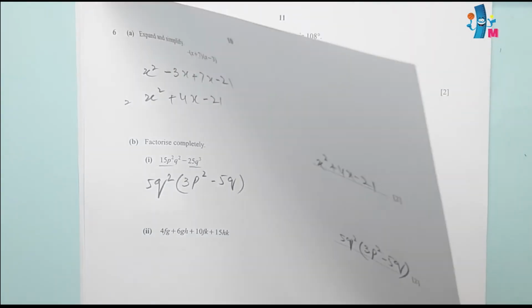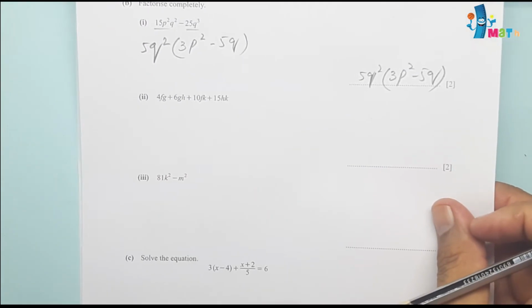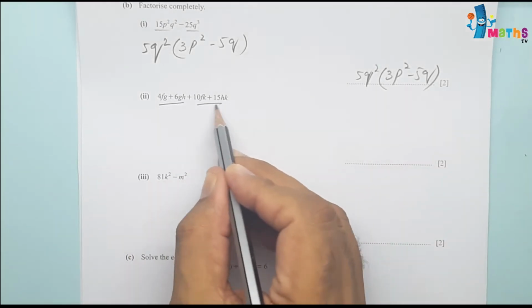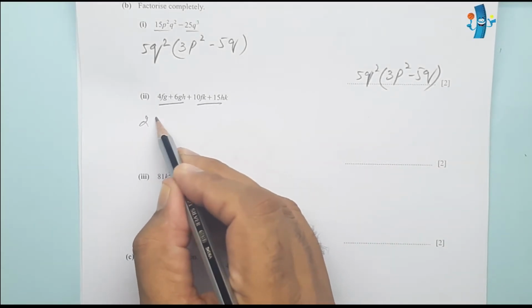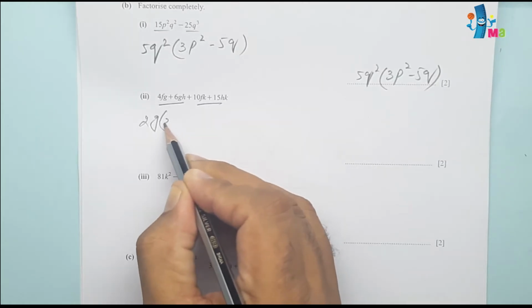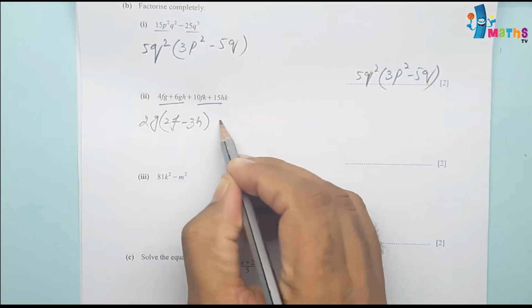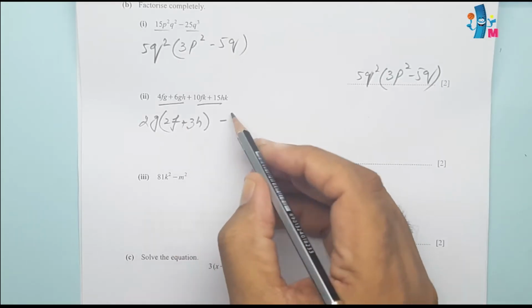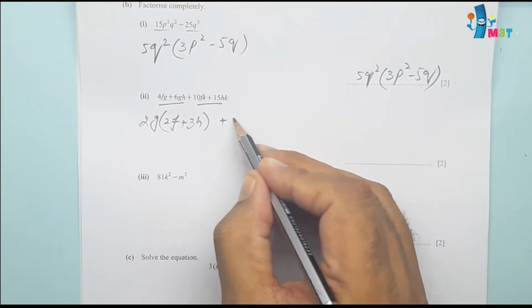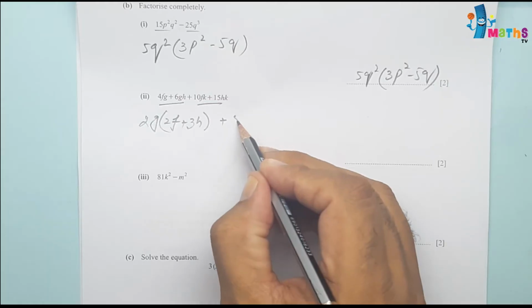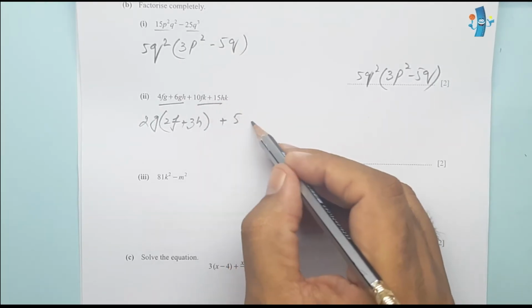Then part 2, again we have to factorize. We can make pairs, these two pairs. From here we can take 2 and g common. Inside will be 2f minus 3h, and plus, we can take 5 common, and k also we can take common.